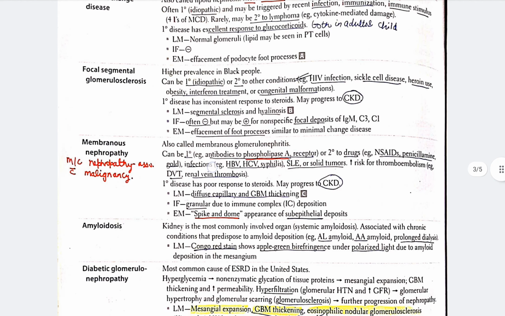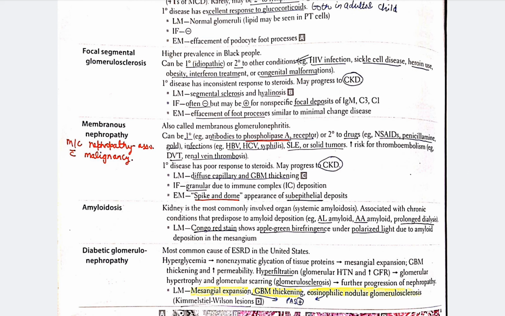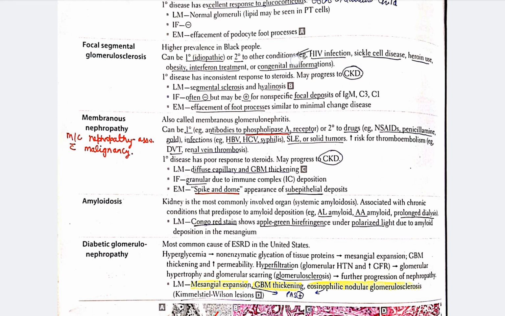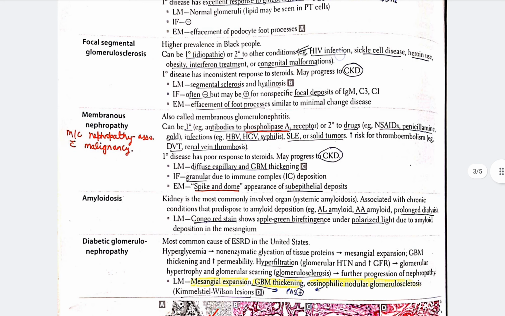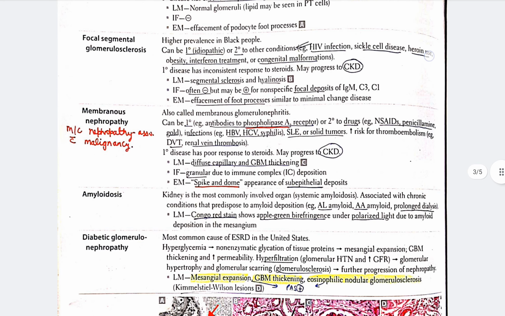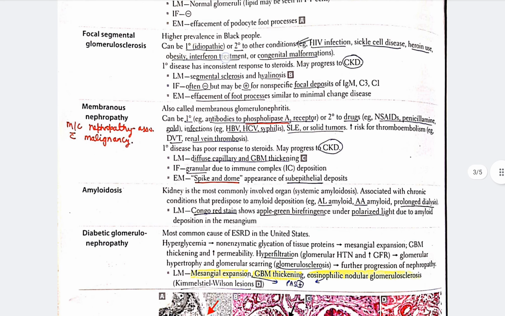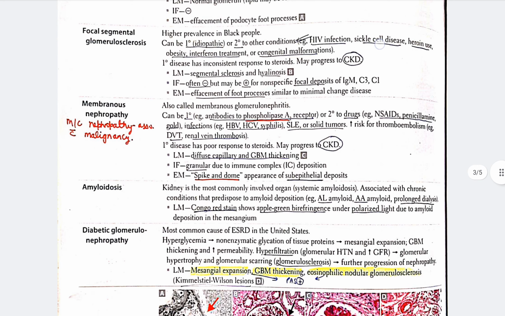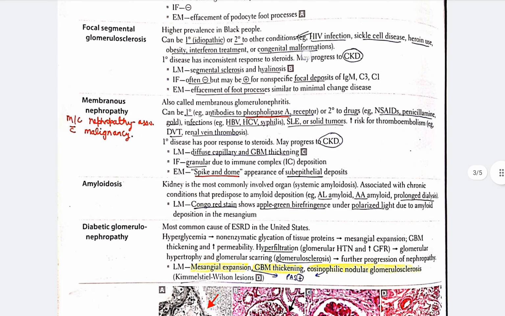Then we have focal segmental glomerulosclerosis, meaning focally, some portions of the glomeruli are involved. It can be primary, idiopathic, or secondary to conditions like HIV infection, heroin use, obesity, interferon treatment, sickle cell disease, and congenital malformations.